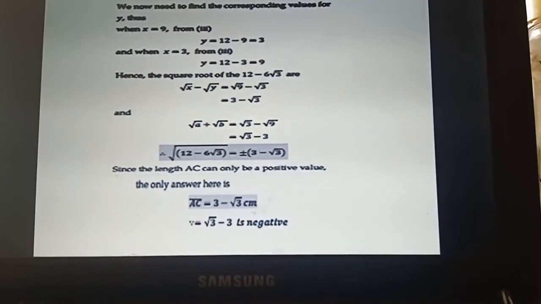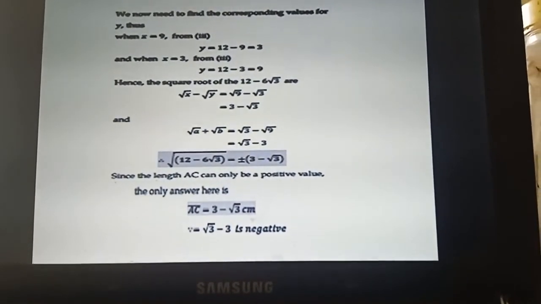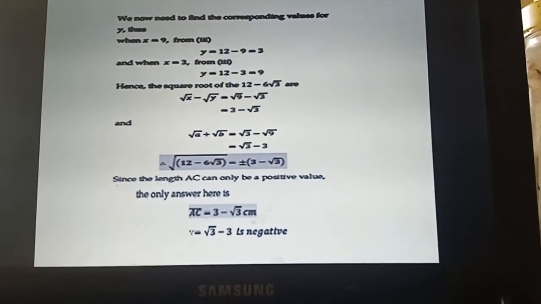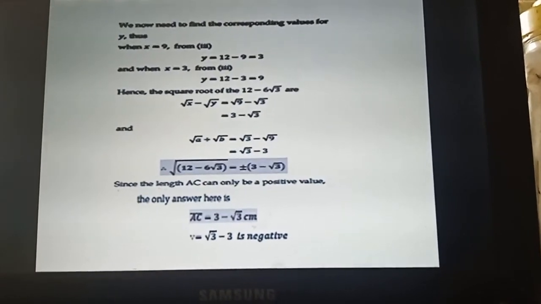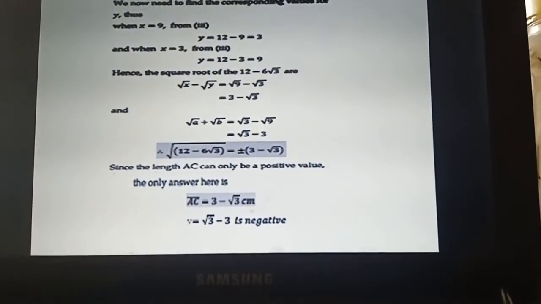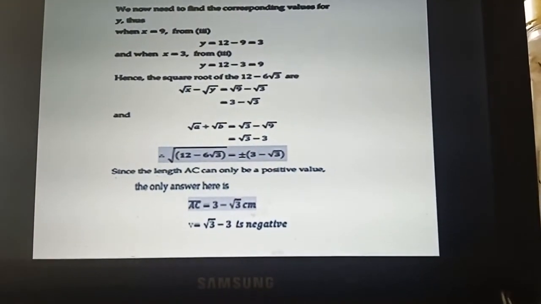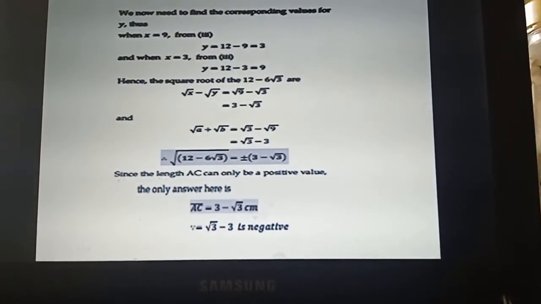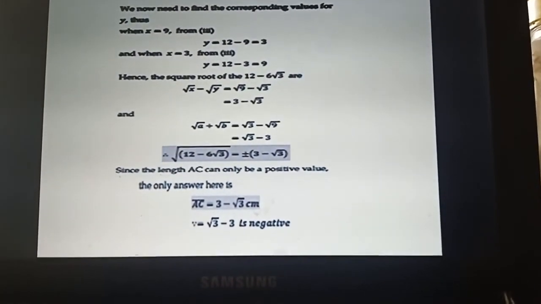When x is equal to 9, from equation 3, y is equal to 12 minus 9, which is 3. And when x is equal to 3, from equation 3, y is equal to 12 minus 3, which is 9.